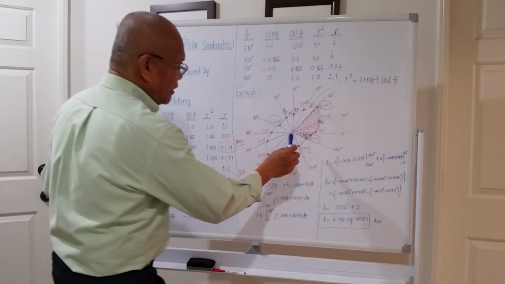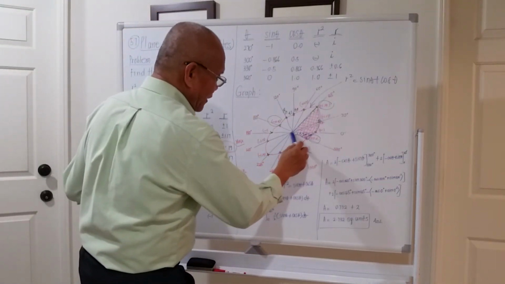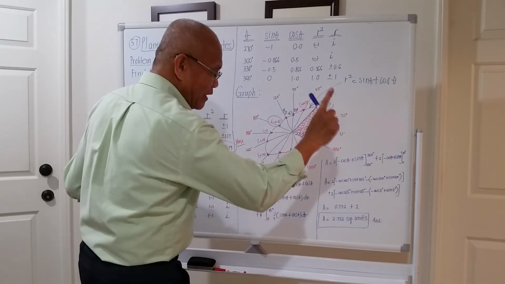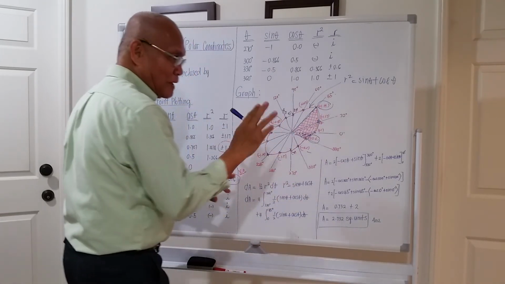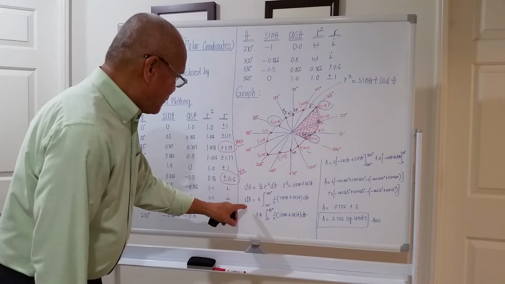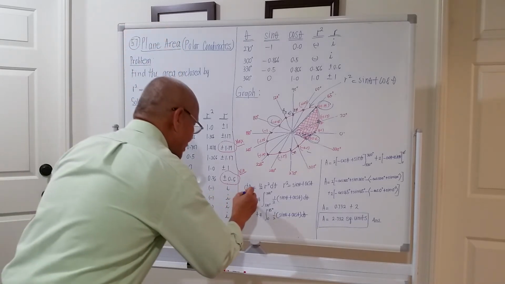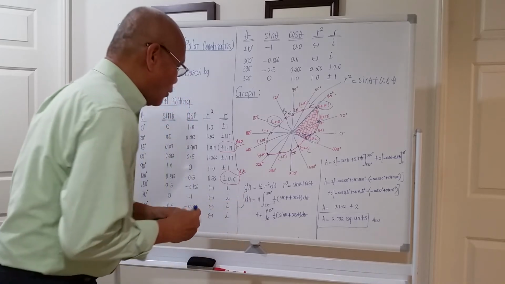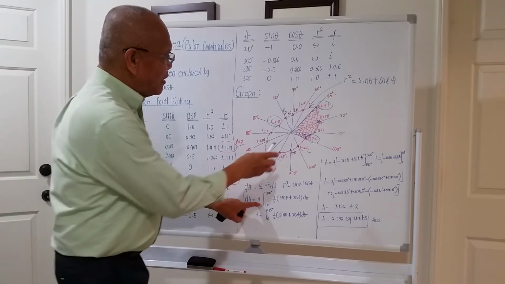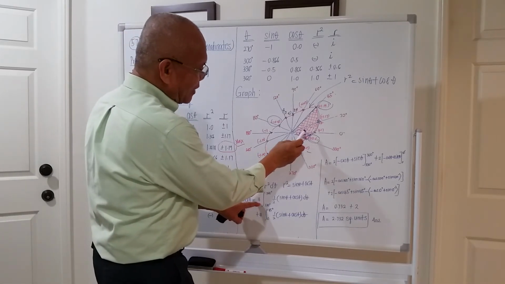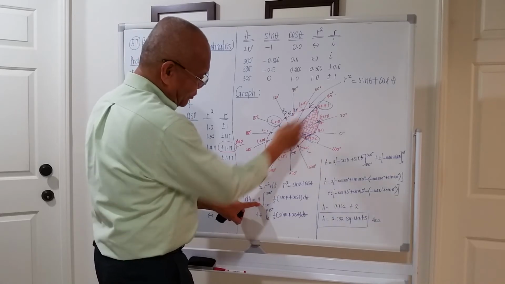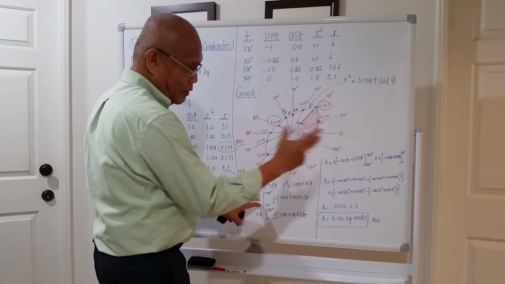We take the smaller 1/4 area, we multiply that by 4 to complete the total area. So the area will be equal to 4 times this integral. Why 4? We got a 4 like this because actually the given figure is symmetrical.